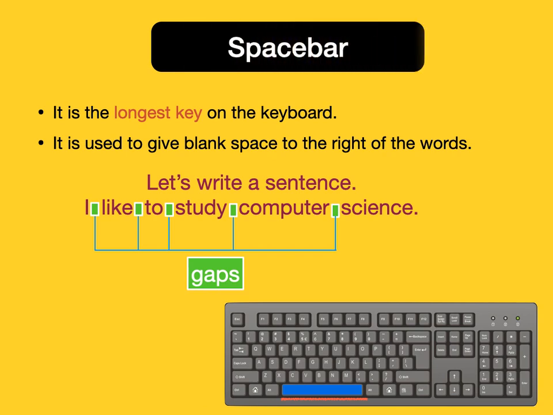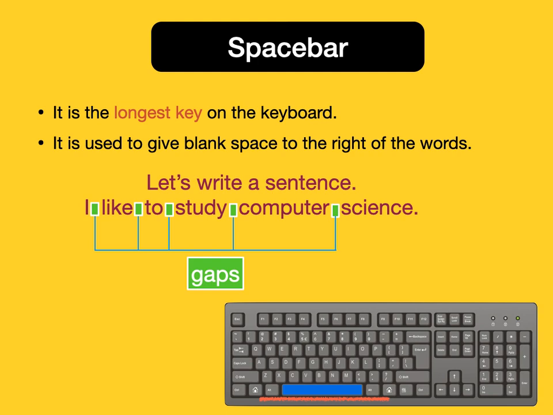Next one is spacebar. Kids, spacebar is the longest key on the keyboard. If you press the spacebar, it will give a blank space to the right of the words. For example, let's write a sentence. Like here, I have written, I like to study computer science, and the green boxes in between these words represent gap.